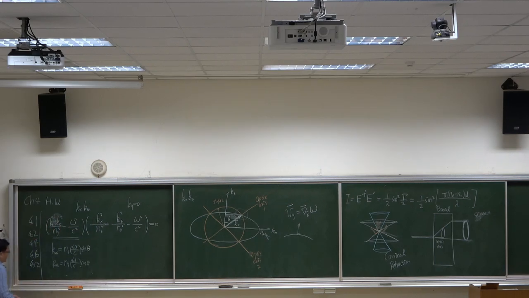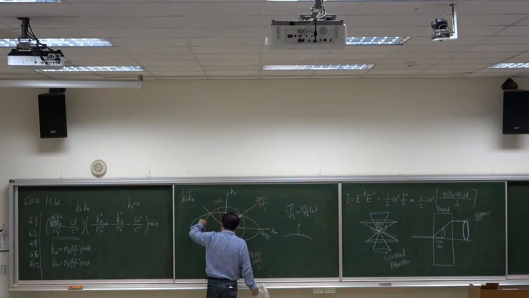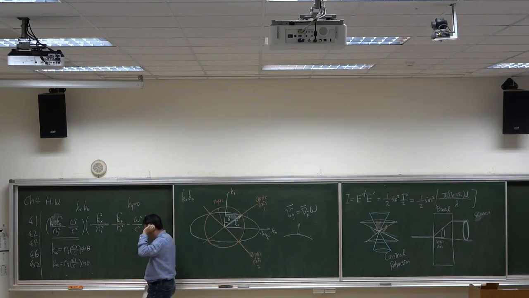This parametrization is obtained from the fact that the k0 vector is on this circle, and it makes angle theta with respect to the z-axis.